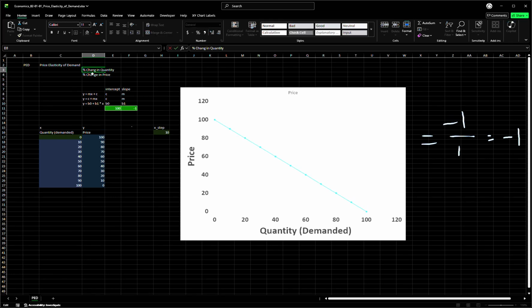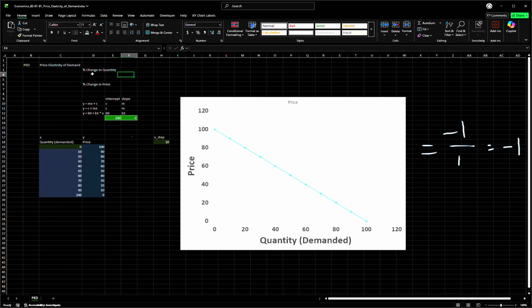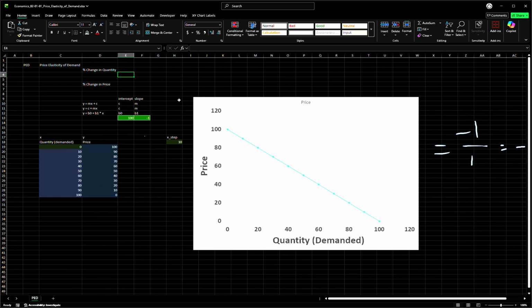Okay. So change in quantity is basically something minus something, right? So it's the quantity after minus the quantity before. So the change, right?